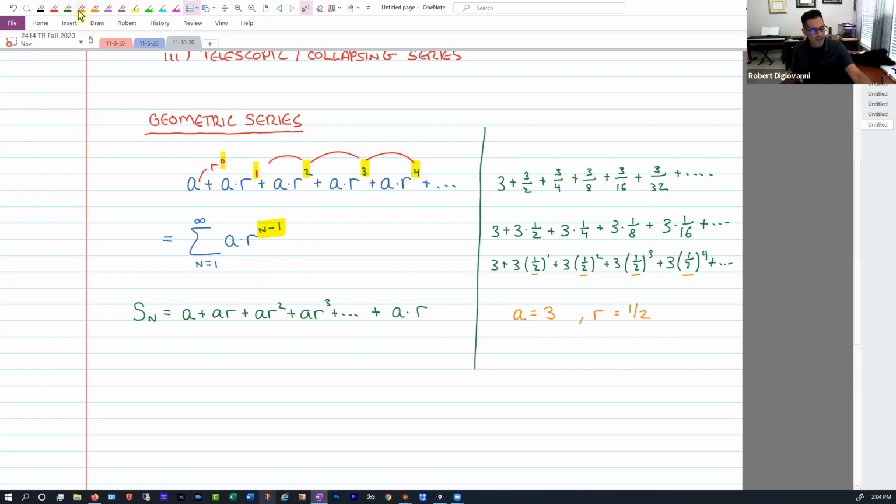It's a little hard to see. Let me do it this way. Let's do S sub K. Maybe that'll make it easier. S sub K is the kth partial sum. So it means just add up the first K of these, right?